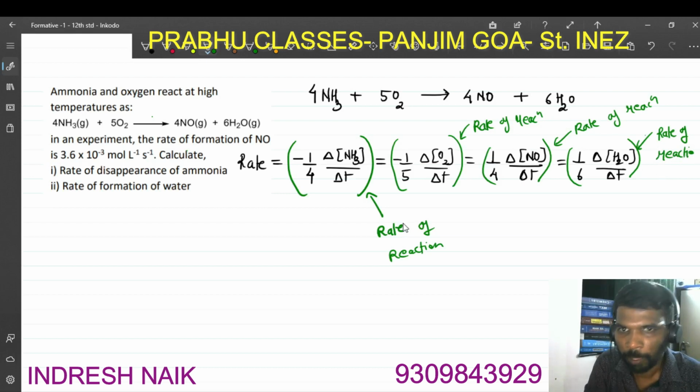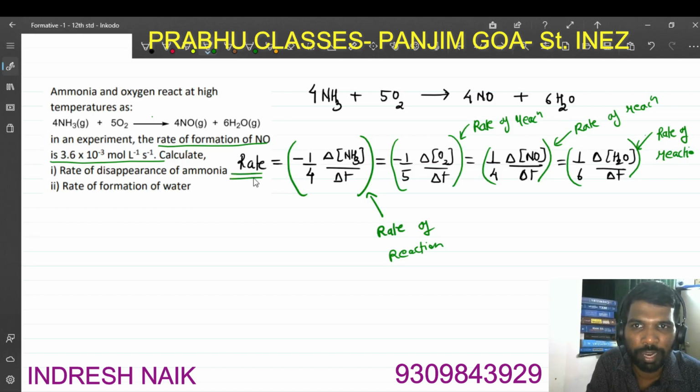of something. So I'll rewrite this. Since what is given in an experiment is rate of formation. What does this mean? Rate of formation means, for NO, we have the data regarding NO. So I can relate this.